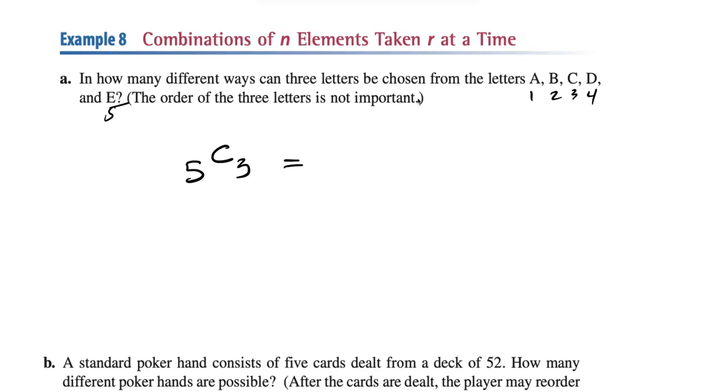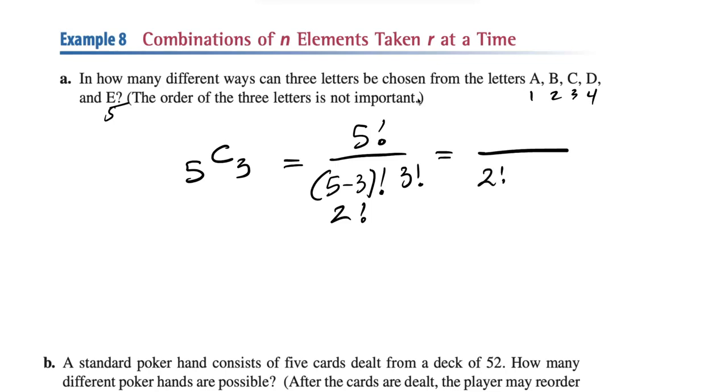So we're going to do the formula, which is 5 factorial over 5 minus 3 factorial times 3 factorial. And I put the parentheses in the wrong spot there. There we go. Okay, so on the bottom here, this is 2 factorial, 5 minus 3. So I'm going to keep the bottom 2 factorial times 3 factorial. On top, we're going to break this down.